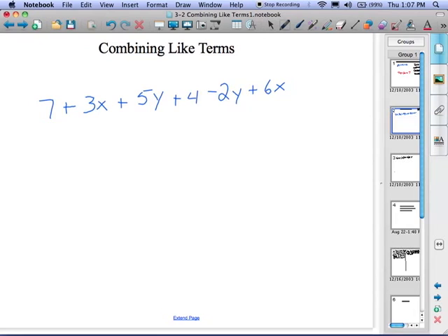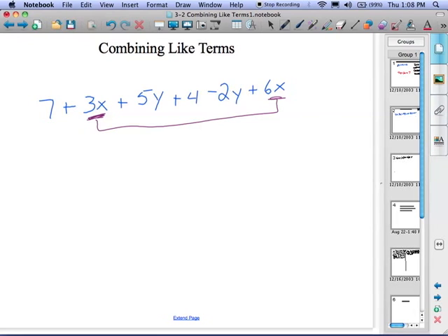We can begin with any term, anywhere you like. It's entirely up to you. I prefer to start with the variables in alphabetical order, starting with the lowest one. So we have 3 with an x right here. Are there any other variables with a single x in them? There is down here. So we can actually combine 3x and 6x.